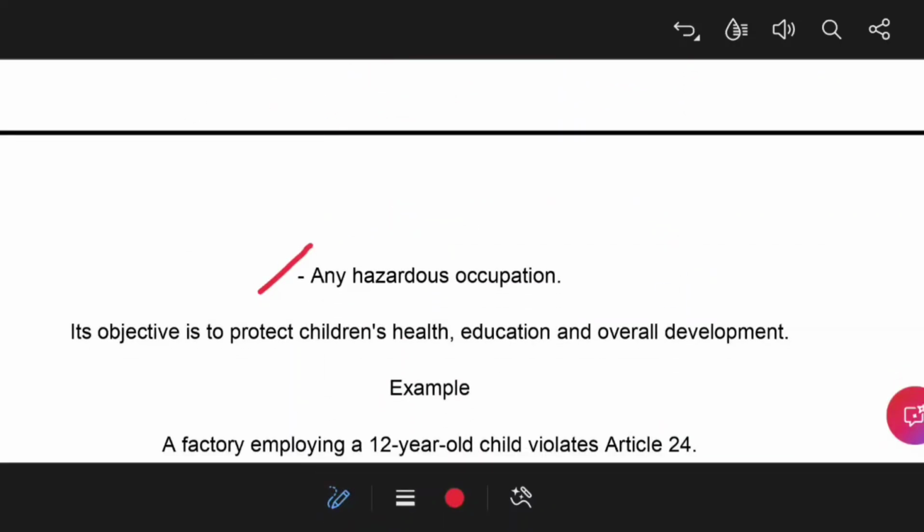What are the objectives of these articles? The right against exploitation, its objective is to protect children and their education and overall development. Okay, because suppose there are children working day and night, they do not get time to study, and they will not get the time to express themselves, to develop a scientific temper, a scientific mind.